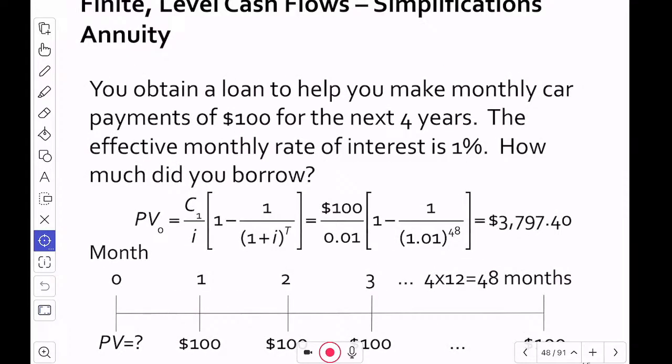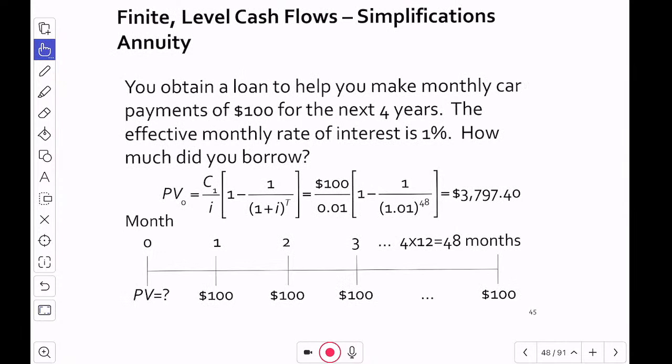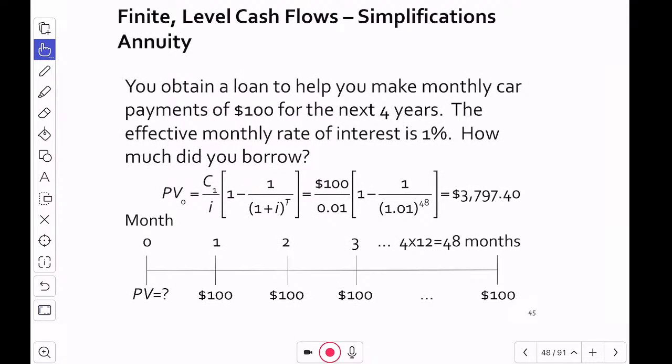So here's a problem, and I'm going to show you how to put it into your calculator. You obtain a loan to help you make monthly car payments of $100 for the next 4 years. The effective monthly interest rate is 1%. So in this case, the interest rate is the interest rate on the loan, and this is what you could get.